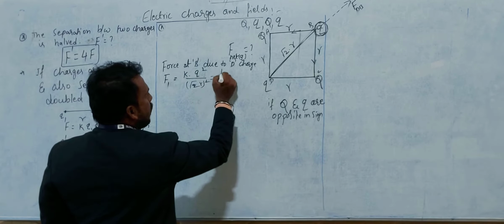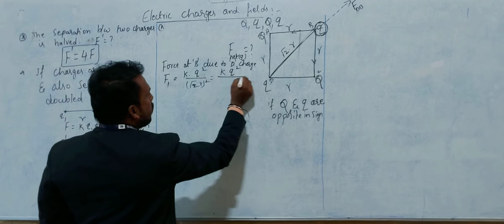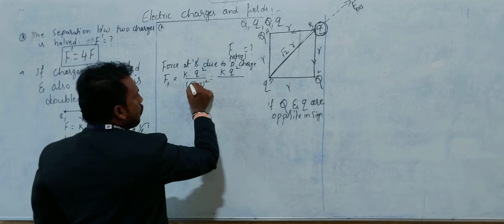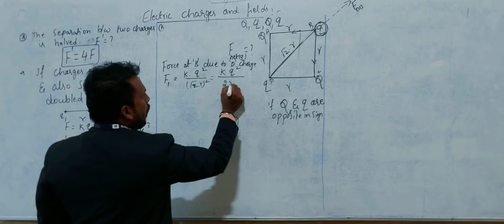Simplify this equation: K into Q square divided by 2R square, as root and square cancel.